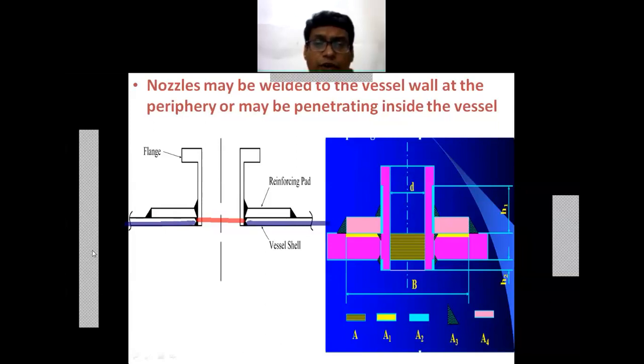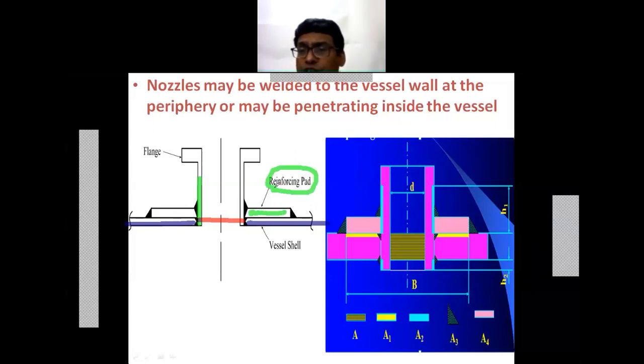The area which is removed is compensated by the reinforcing pad or the reinforcing plate.